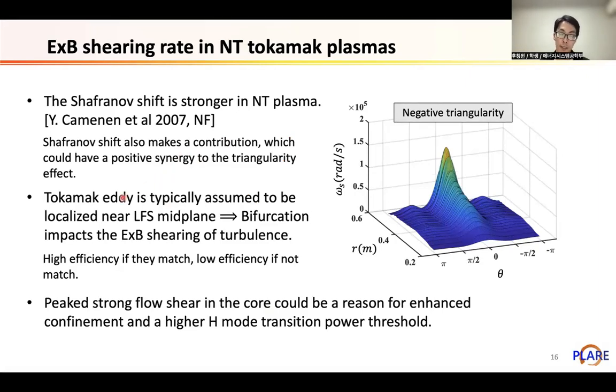Since the turbulent eddy is typically assumed to be localized near the low-field side midplane, a strong peak will be favorable, but if there is bifurcation, it will impact the flow shear significantly. Also, we found this peak here. The peaked strong flow shear in the core could be a reason for enhanced confinement and higher H-mode transition power threshold.